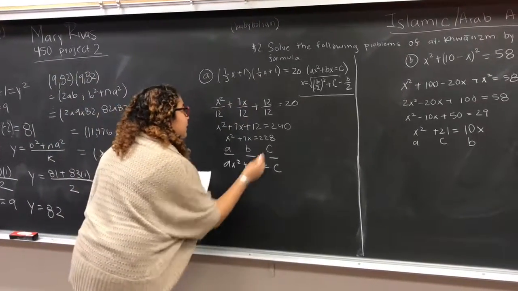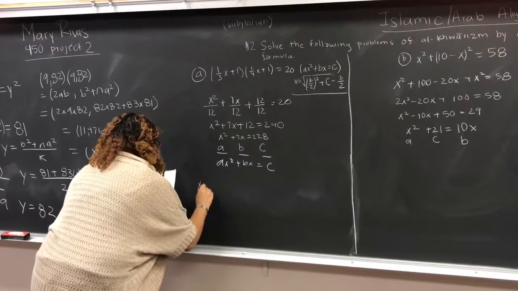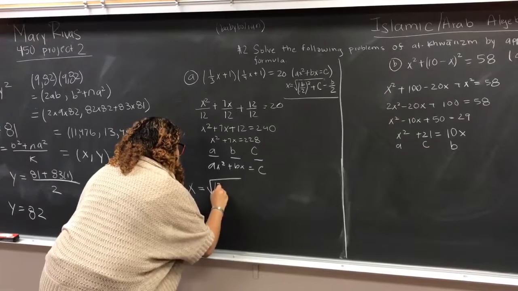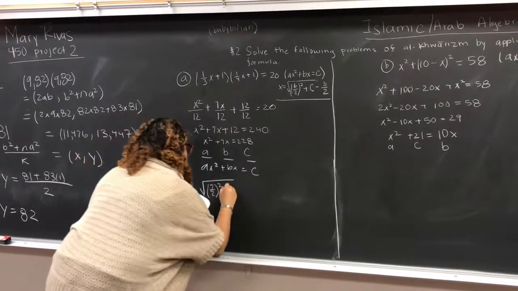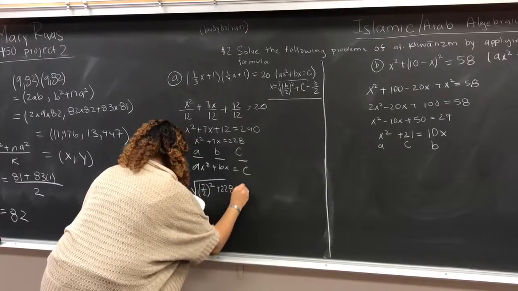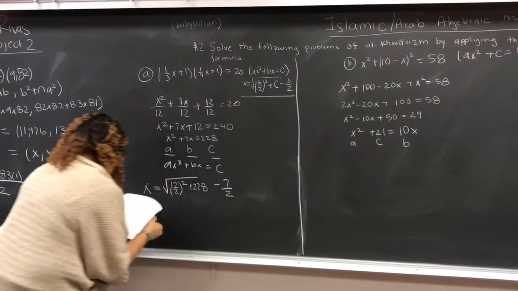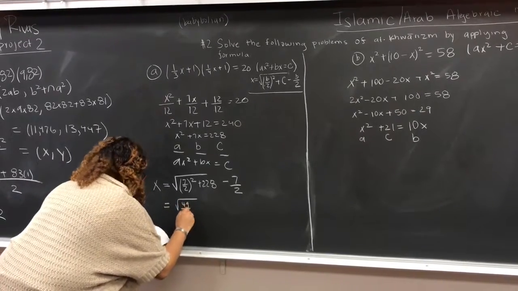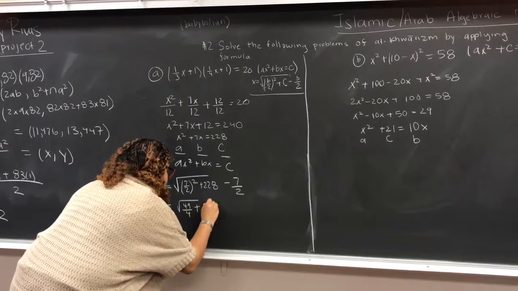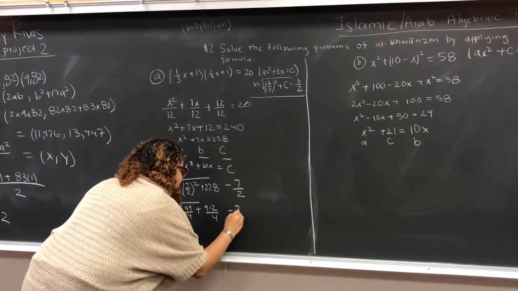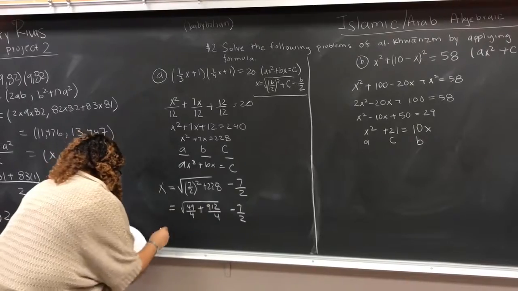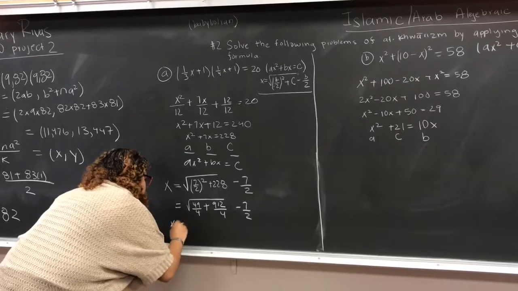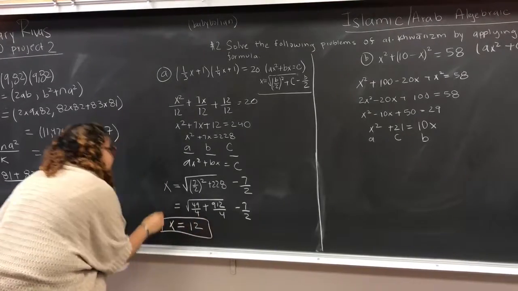Then in order to solve it, we plug in the numbers to get x, and x is equal to the square root of 7 squared, 228, minus 7 squared, which is equal to 49 fourths, plus 9, 12 over 4 minus 7 squared. If you solve it out, we get x equals 12. So that's our solution for this problem.